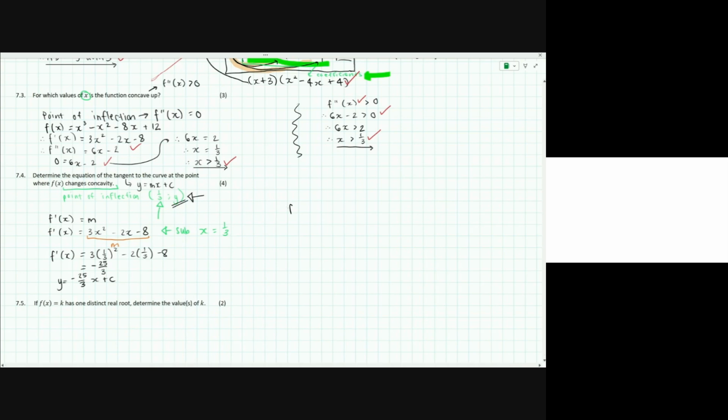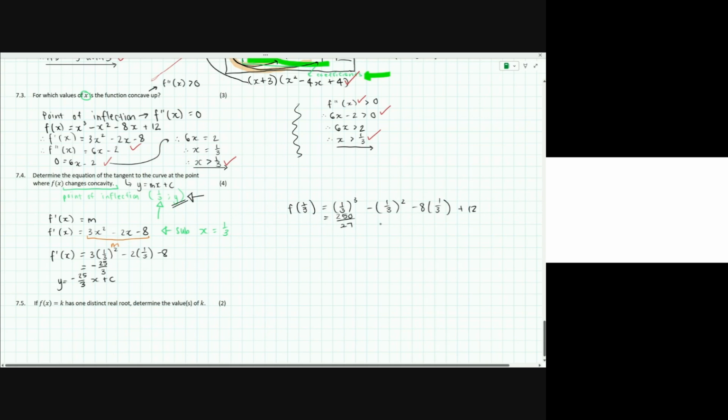Now I have to go back into my original function because that is the function through which this line passes. So it will be a third cubed minus a third squared minus 8 times a third plus 12. And as Lorato correctly said, this is 250 over 27.